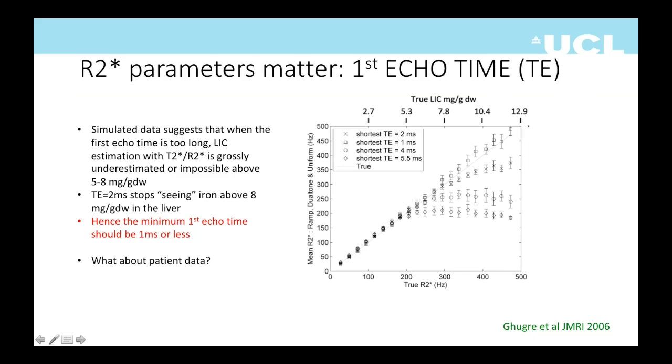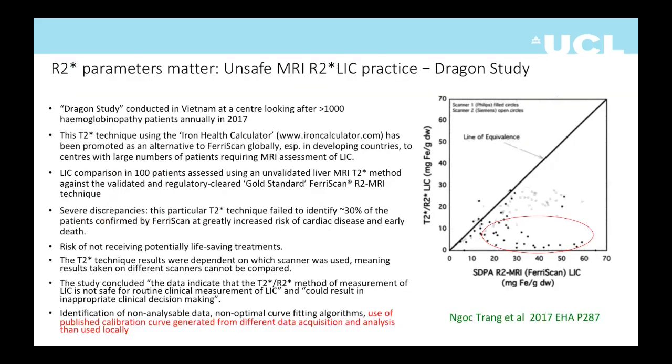So I just want to show you 3 clinical trials to see how this behaved in real world data. In 2017 at IHA there was a report of a Vietnamese study. I think you may have heard of this, which highlighted and uncovered really unsafe MRI R2 star LIC practice.